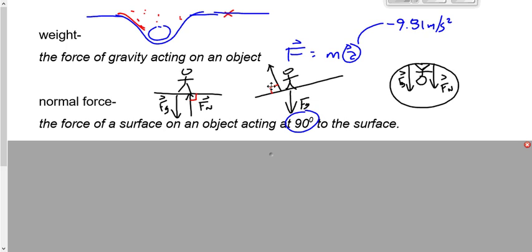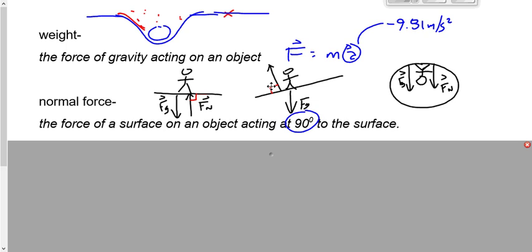If you've ever been on a vertical loop of a roller coaster, you know that if you close your eyes, you don't know which way's up and which way's down. Doesn't matter where you are, the top of the loop or the bottom of the loop, you can't tell the difference. And that's because the track supplies not a force of gravity, but a fake force of gravity, right? Like an artificial gravity. Does that make sense?